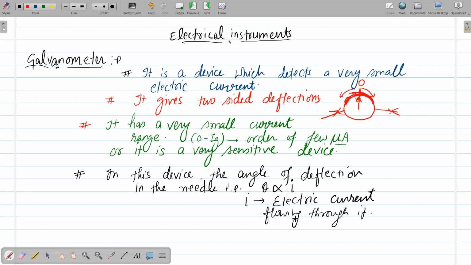Right, everyone? So this is the concept of galvanometer. Now we are going to see how galvanometer is converted into ammeter and how it is converted into voltmeter.